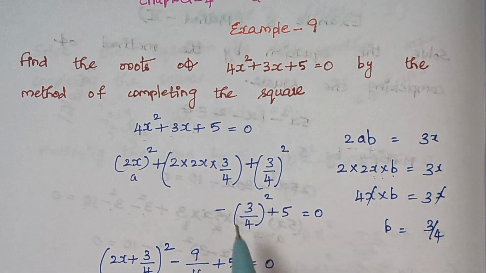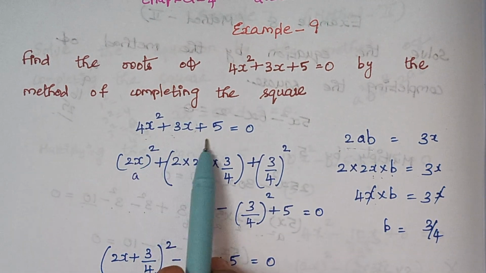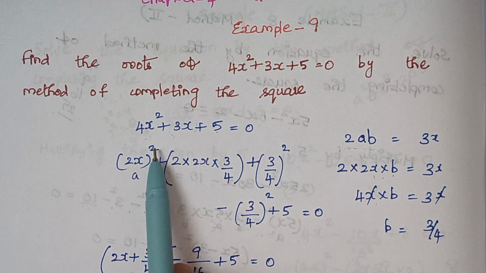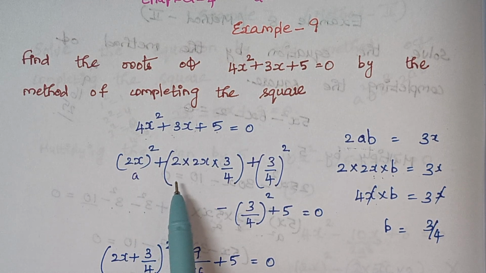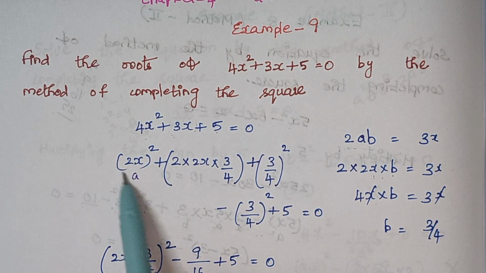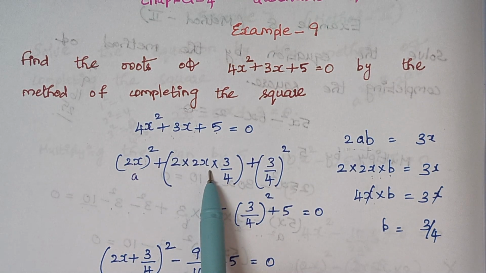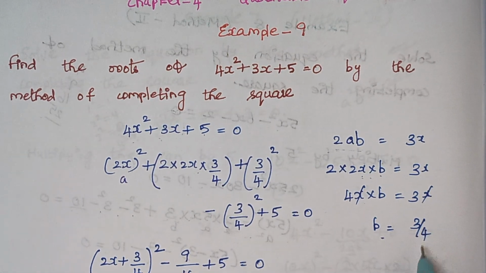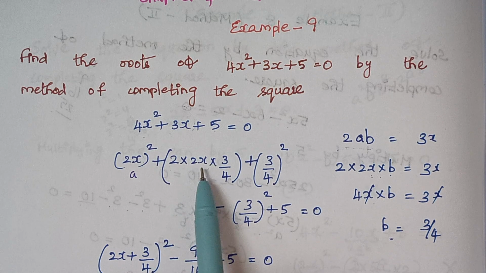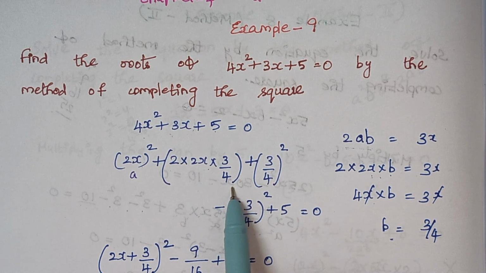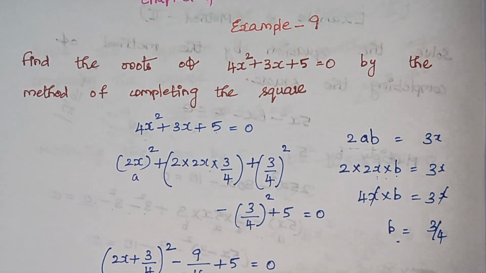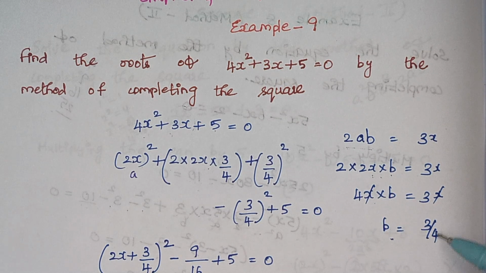Therefore here we are rewriting this expression as 2x the whole square plus 2ab. So 2 into the value of a is 2x into the value of b is 3 by 4. So 2 into 2x into 3 by 4 plus again b square. The value of b is 3 by 4.